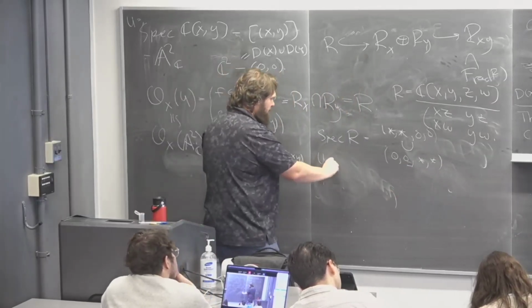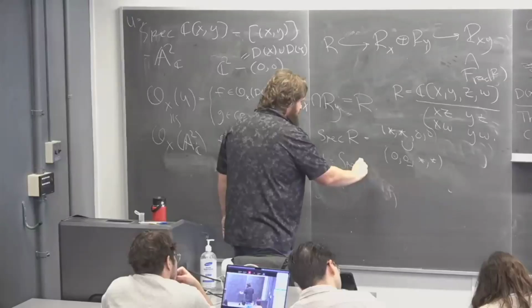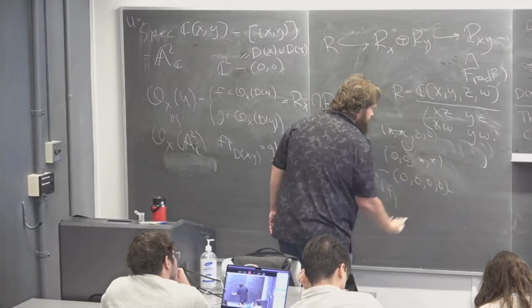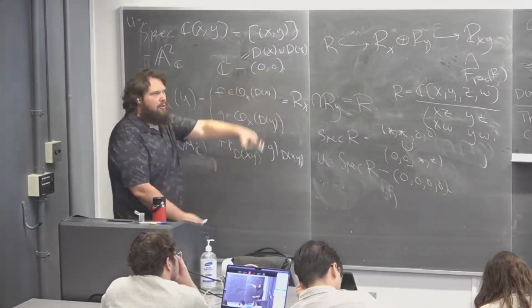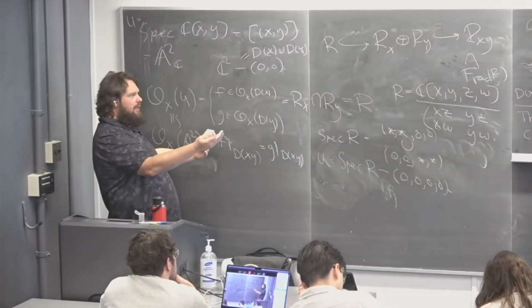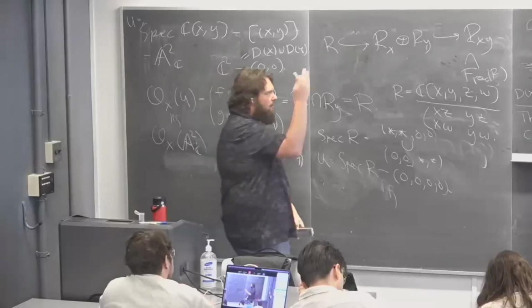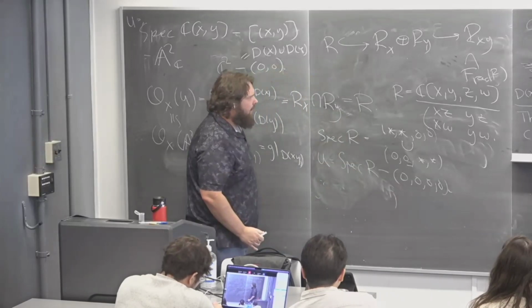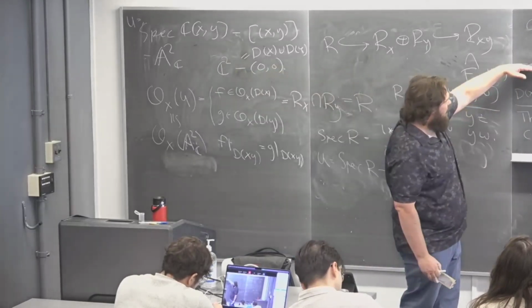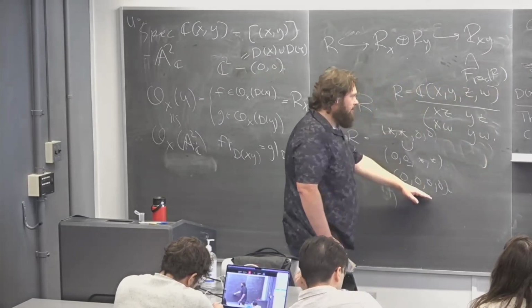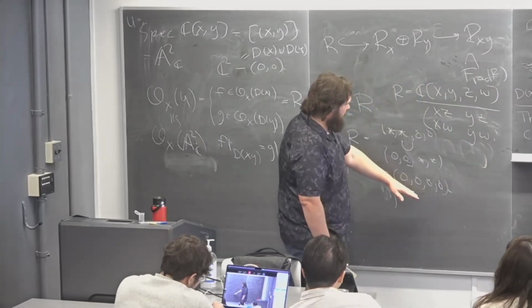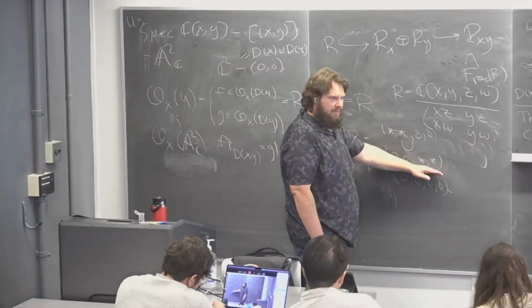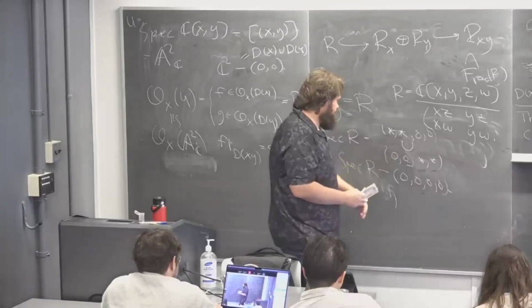There's a U here, which is Spec R minus, again, the origin. So this is basically taking the coordinate cross picture and doubling everything up. Instead of one coordinate and one coordinate, I have two coordinates and two coordinates. But I get a similar picture where when I remove the origin, I have a disconnected set where either one of these guys is non-zero or the other is non-zero, and they don't meet anywhere.